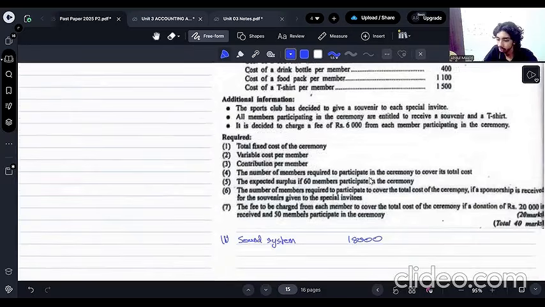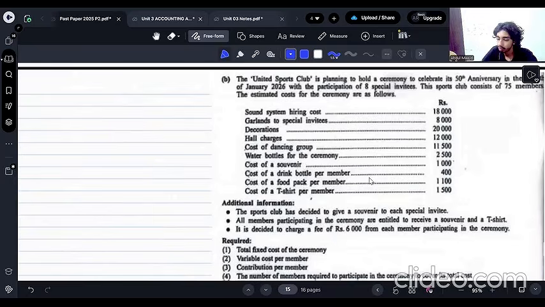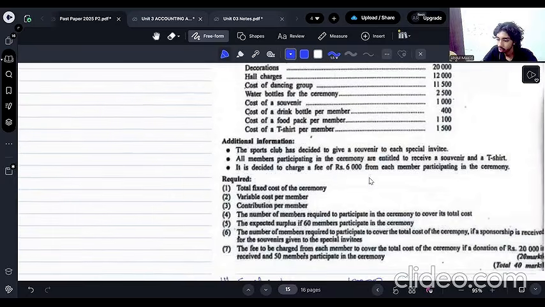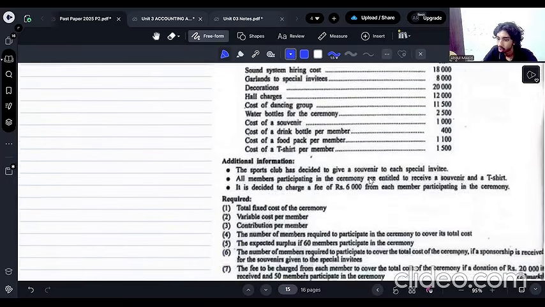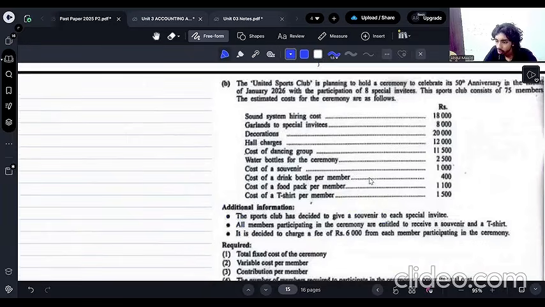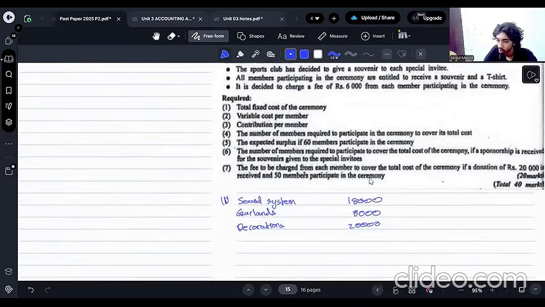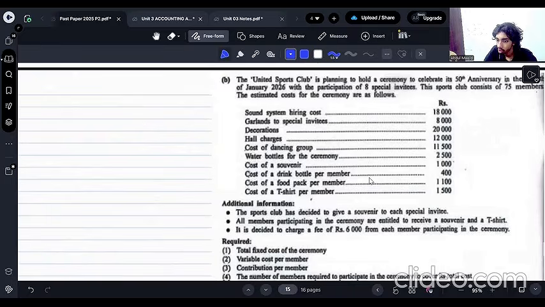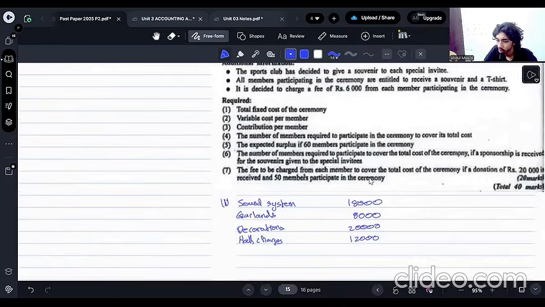Garlands, flowers to special invitees 8,000. Decoration 20,000. Hall charges 12,000.